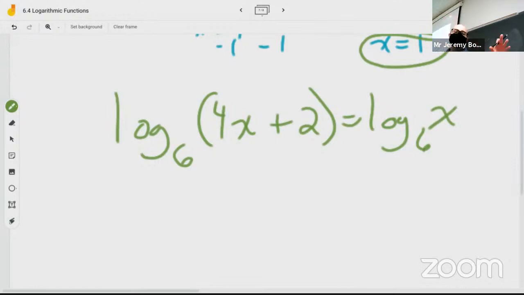So once again, we have logarithms with the same base, one log on each side. So that means that what you're taking the logarithm of must be equal to each other. So 4x plus 2 has to equal x.